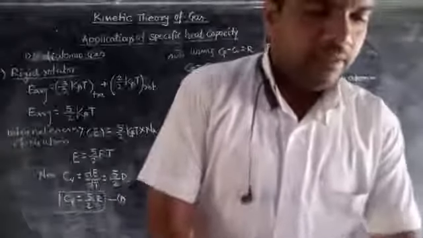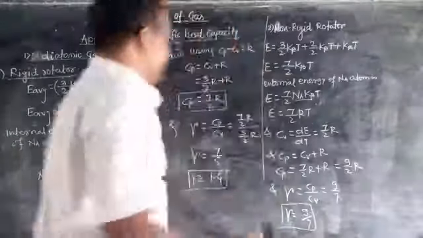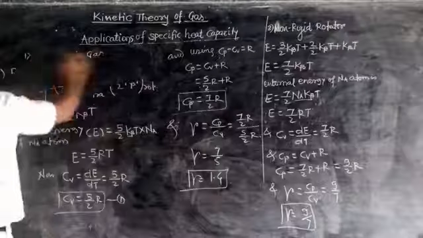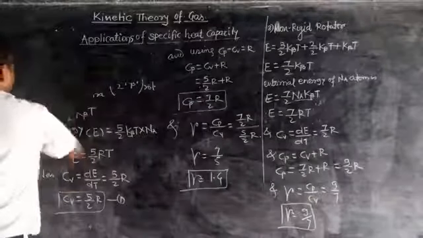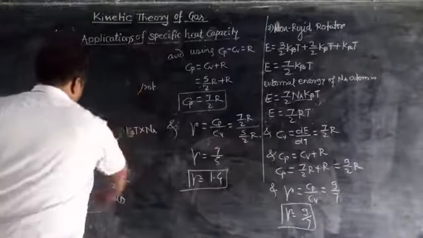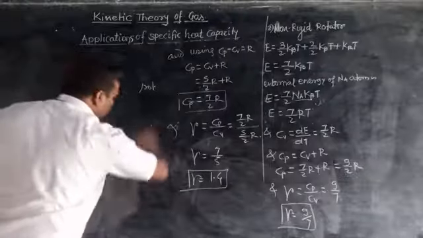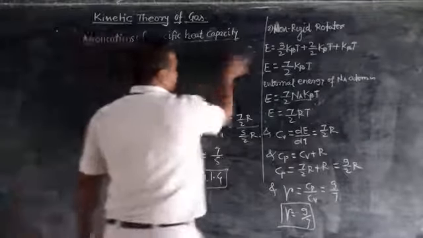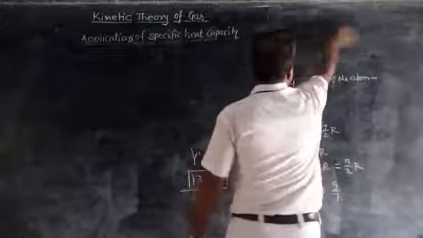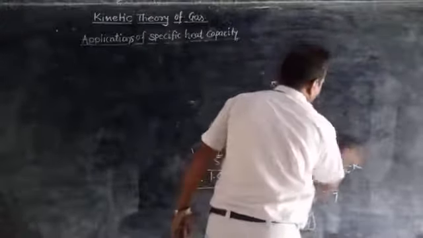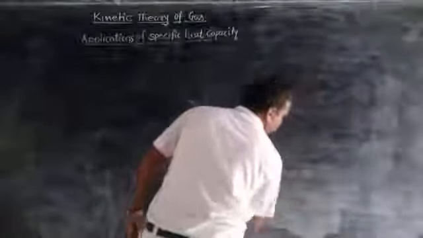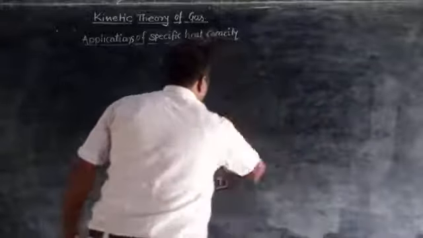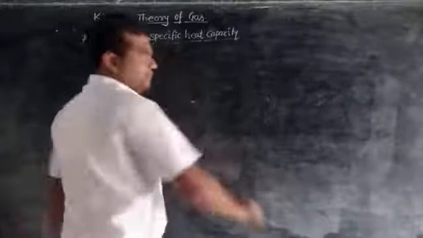Third, we see polyatomic gases. So what are polyatomic gases? Polyatomic means a gas consisting of more than 2 atoms is termed a polyatomic gas. It may consist of 3 atoms, 4 atoms, 5 atoms and so on.